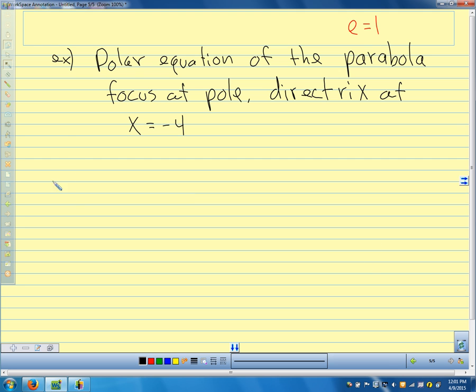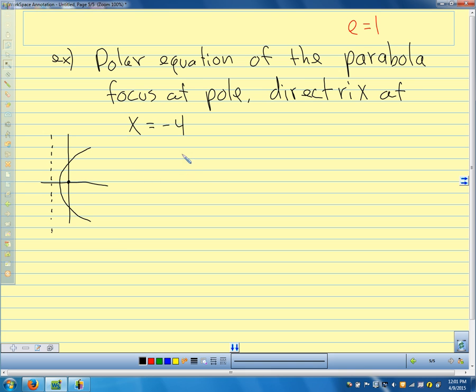So let's draw a little sketch. Here's our focus. Here's our directrix. Well, what is this going to be, a sine or a cosine function? Has to be a cosine because it has polar axis symmetry. The focus has to be inside, and the directrix is to the left of the pole.